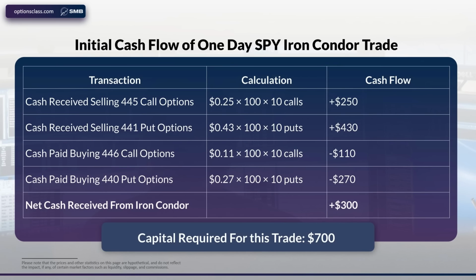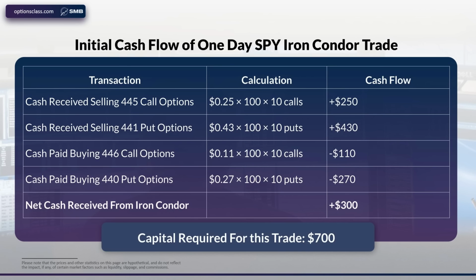Now, the cash flow of this transaction works like this. Starting with the 10 calls we sold at 445, you can see that we sold them for 25 cents. But remember, each options contract represents 100 shares of SPY. So you multiply that by 100, and we sold 10 of them, resulting in total cash inflow of $250 for those calls.